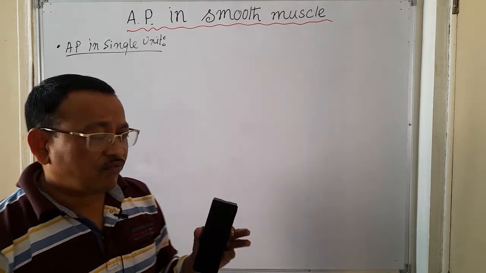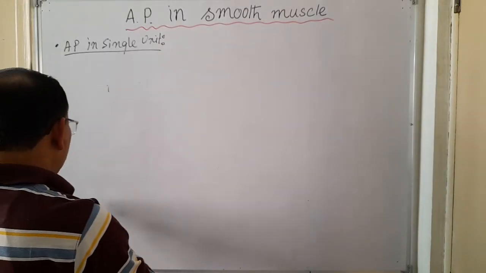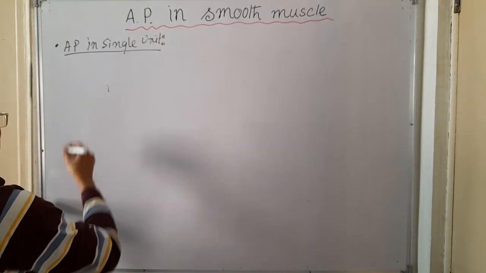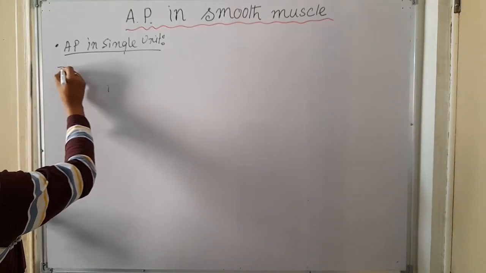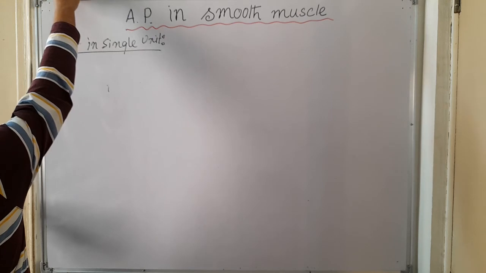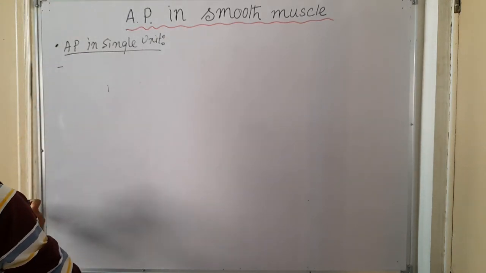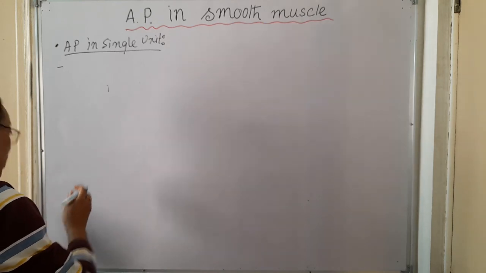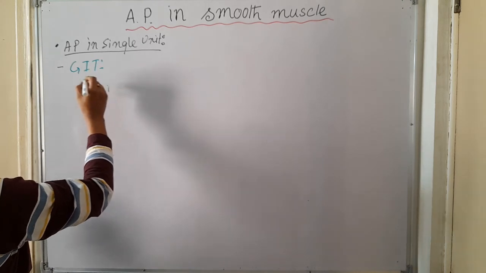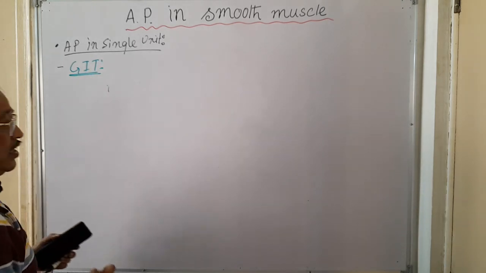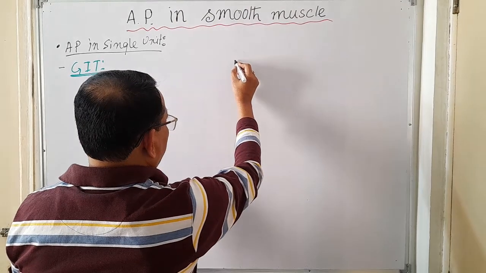So first I will talk about the action potential that is seen in case of single unit smooth muscle in the GIT, the gastrointestinal tract. So in the gastrointestinal tract, what happens?